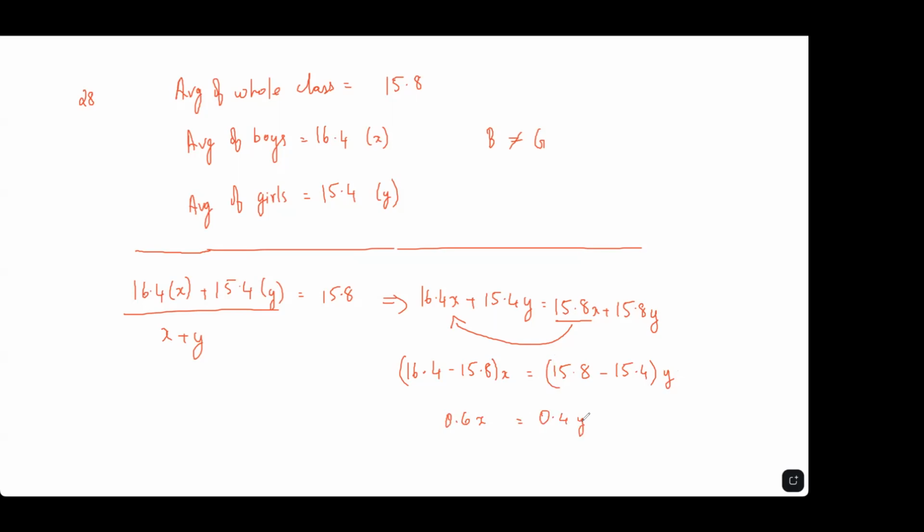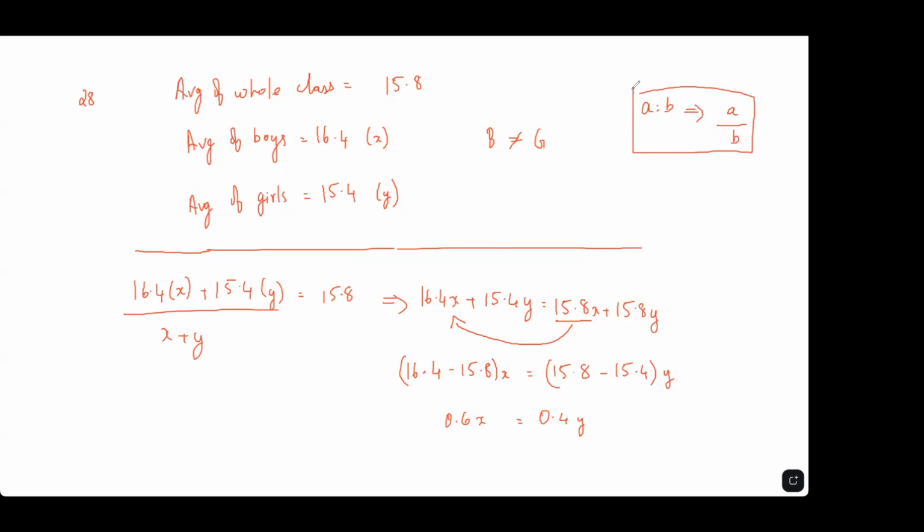Correct? Yes, sir. Now we need to find ratio of boys to girls. तो boys का value क्या है? x. अभी ratio का मतलब होता है basically it is fractions. Ratio is represented as a is to b, and if we change it to fractions, it becomes a upon b.